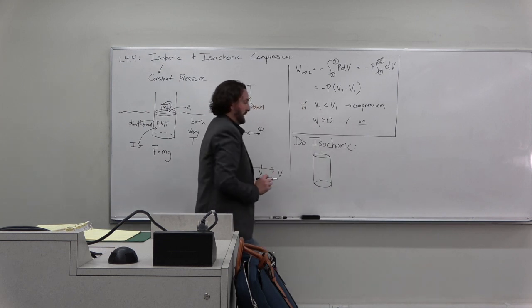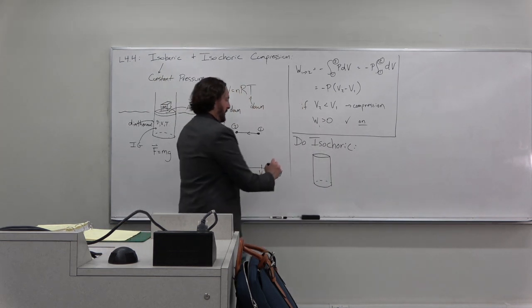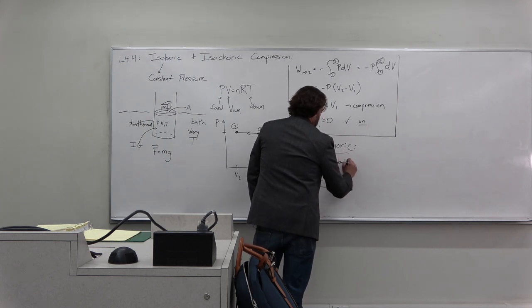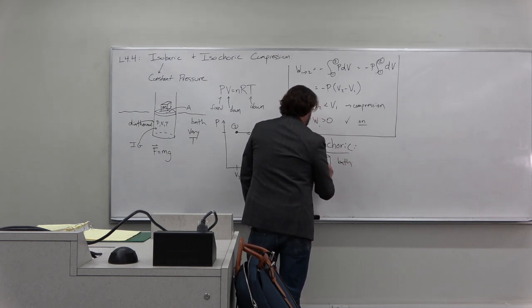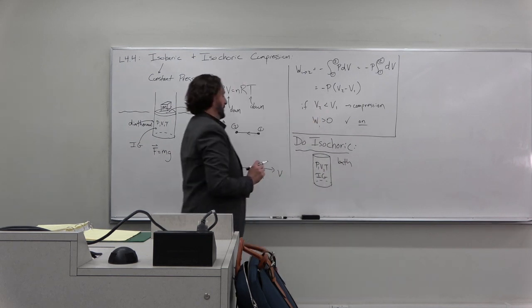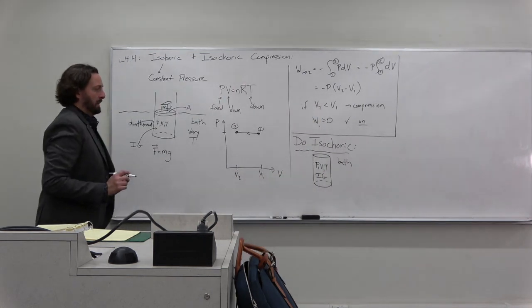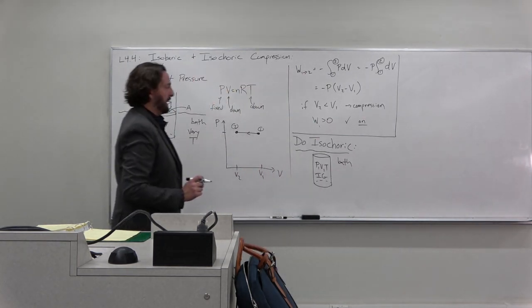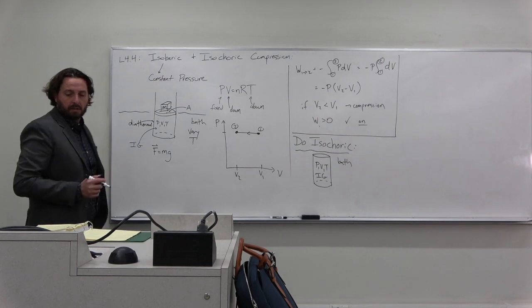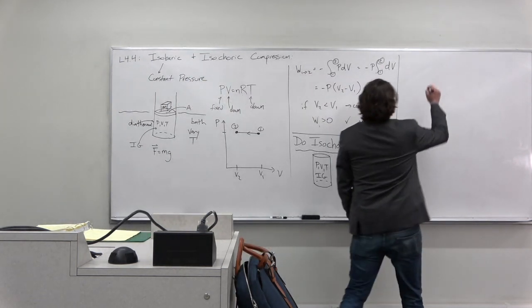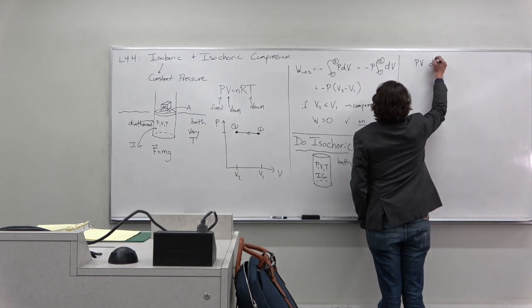It can't change. We submerge that in our bath. This is an ideal gas again. And now we can vary the temperature and see what happens. Well, let's look on our PV diagram.